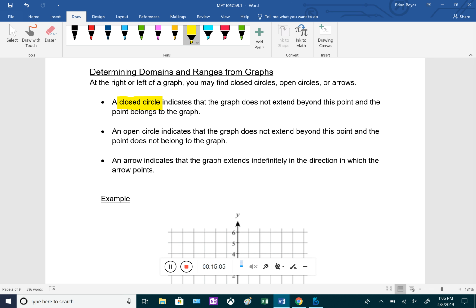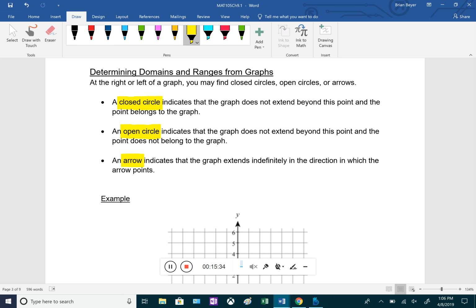If we have an open circle, it means that the graph stops at that point. However, it does not belong as a point on the graph. It gets infinitely close to that point, but technically it never gets there. And the last one is an arrow. An arrow represents that the graph extends indefinitely in that direction, wherever it's pointing. So it's just going to keep on going in whatever direction that is.